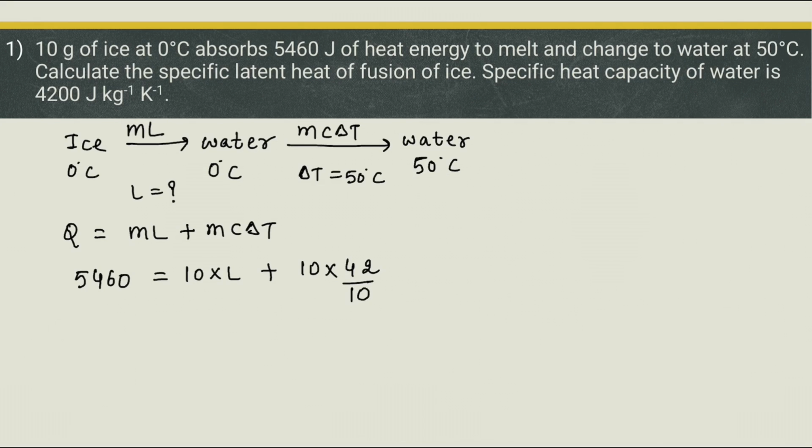See, the specific heat capacity of water is given 4200 joule per kg Kelvin. But since mass is given in gram, the value of C in the formula we must take in joule per gram. So 42 upon 10 into delta T is 50.